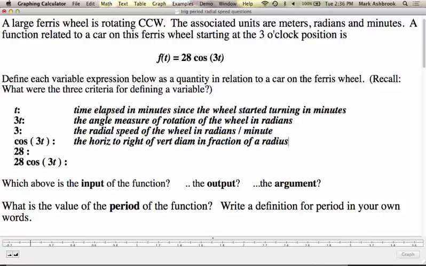What's the minimum and maximum that cosine will give? -1, all the way on the left side of the circle, a full radius to the left. And the greatest value of cosine is +1, a full radius to the right. If you're on the circle, you can't get more than 1 radius away from the center, so the most it'll be is 1, the least -1. Okay, the 28 in this context, what will the 28 be?